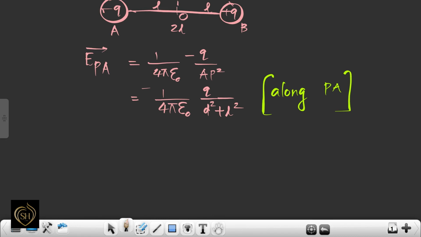Next, let's find the intensity E at P due to plus Q charge. Since plus Q is placed at B, we can write it as EPB.